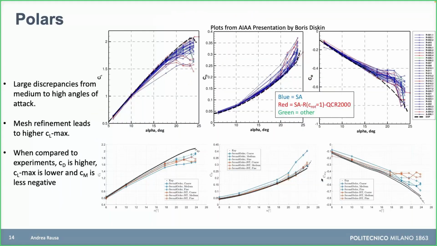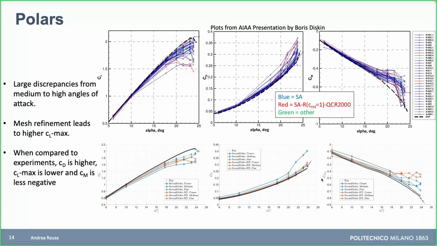So here again, you can see all the results for all the numerical CFD solvers. These are images taken from the actual presentation of the summary of the runs made by Dr. Boris Diskin from NASA. And here there are also the experiment results, which are the dashed lines. The different colors just mean different turbulence models.